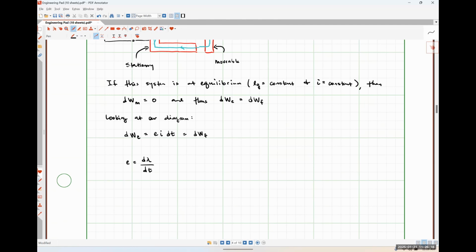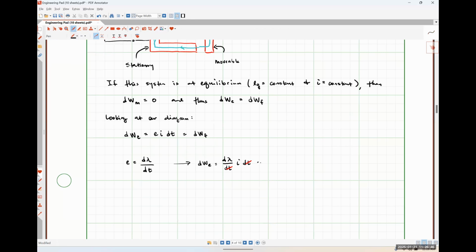So from that, if we substitute in that relationship for E, we'll get dWe is equal to the change in flux linkage with respect to time multiplied by current times change in time. This dt and this dt just cancel each other out.